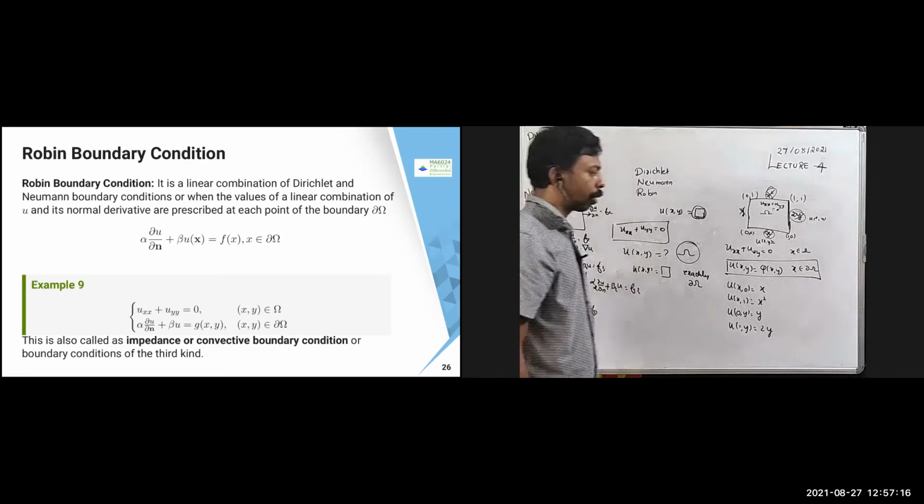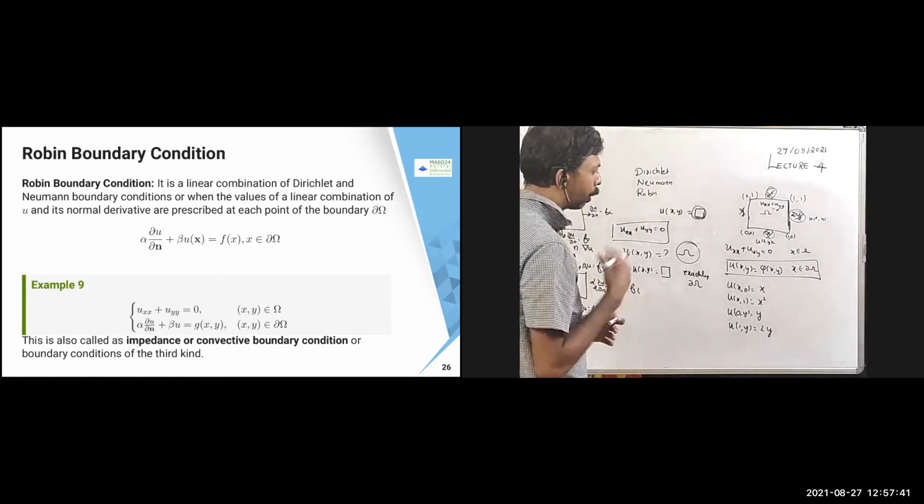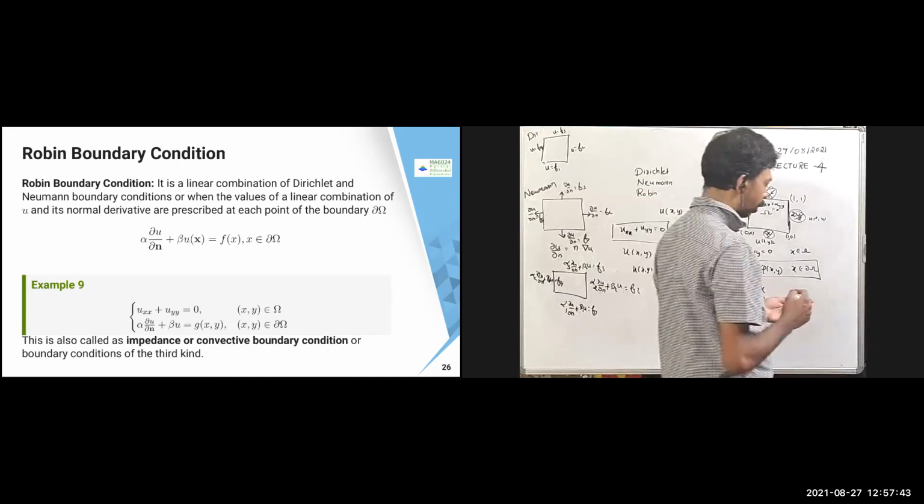If I check alpha 1, alpha 2, alpha 3, alpha 4 equal to 0, it automatically becomes a Dirichlet boundary condition. Similarly, if I take beta 1, beta 2, beta 3, beta 4 equal to 0, then it becomes a Neumann boundary condition. It's a linear combination of u and its normal derivative. Also, it is called convective boundary condition and impedance boundary condition.